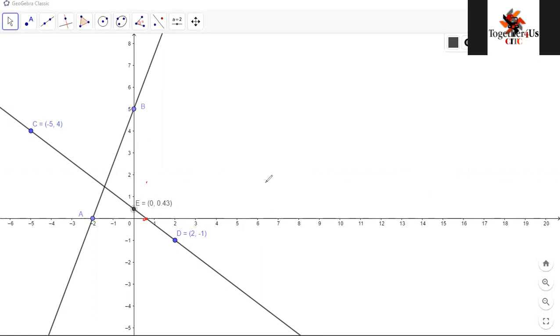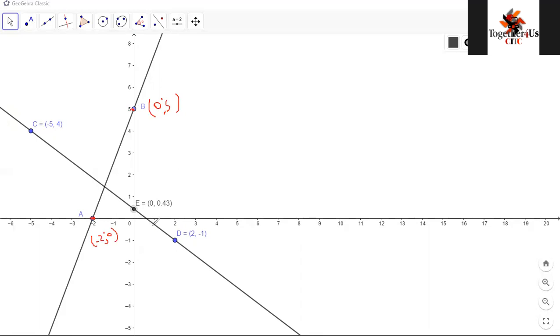Whenever your straight line crosses either the x-axis or the y-axis, we say it cuts the axis. So in this case, at B here, the coordinates of B are 0 and 5. It cuts the y-axis at y equals 5. Here it cuts the x-axis at x equals negative 2.